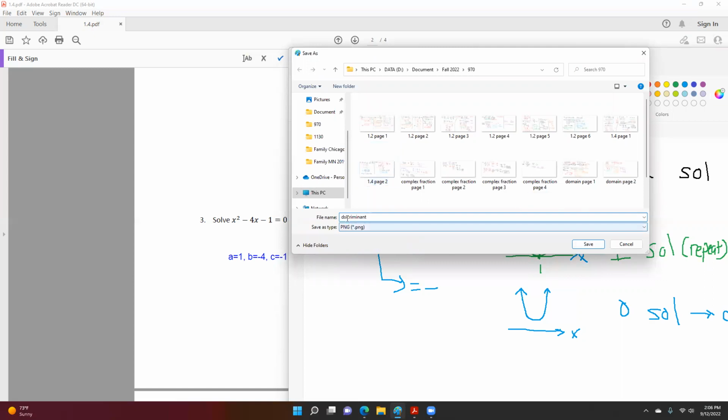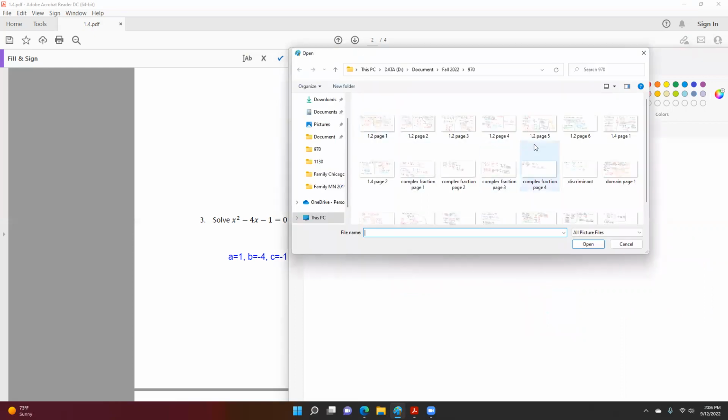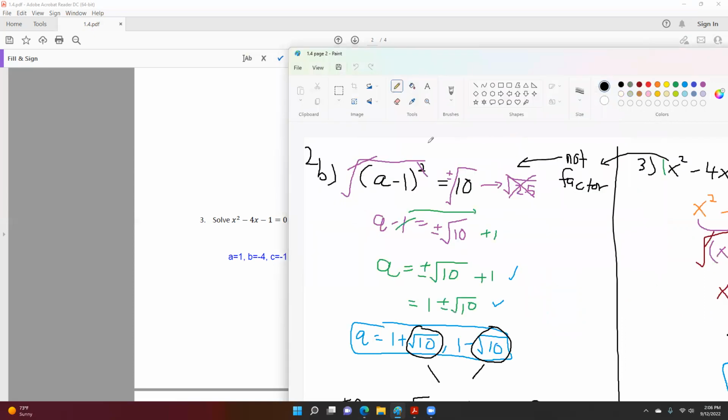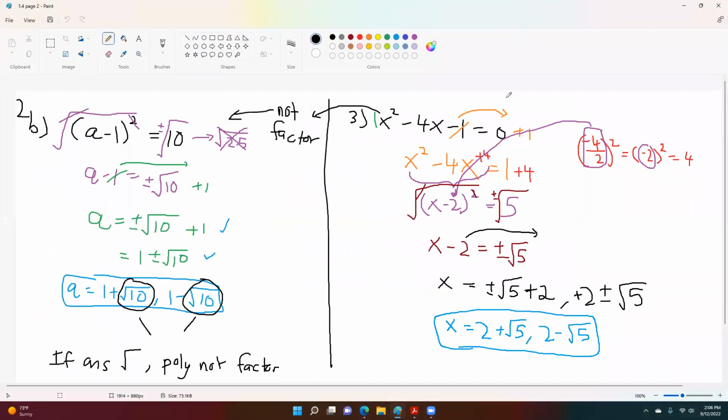Okay. We did question 3 using completing the square. Now, as I mentioned early on, you can also do question 3 using the quadratic formula. So this is question 3 that we did, where we got the answer here.